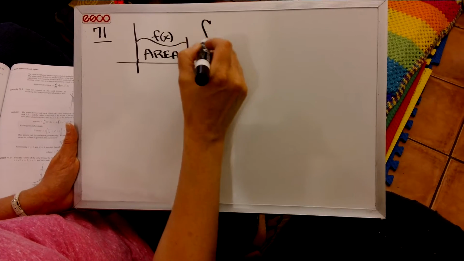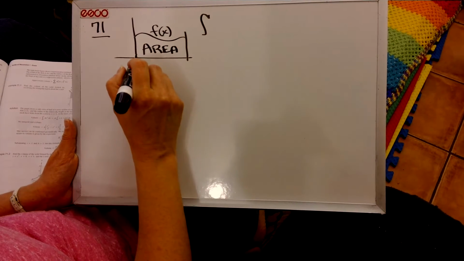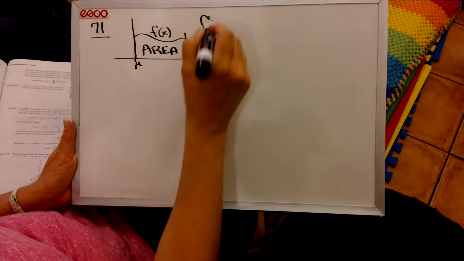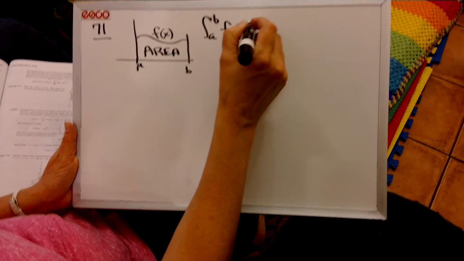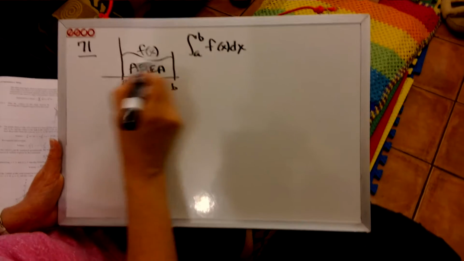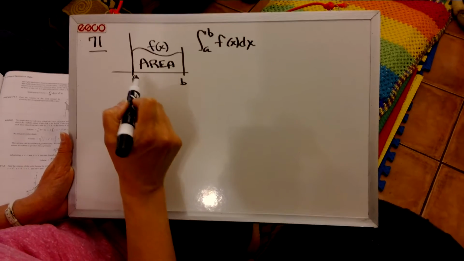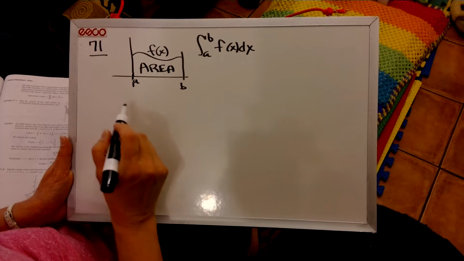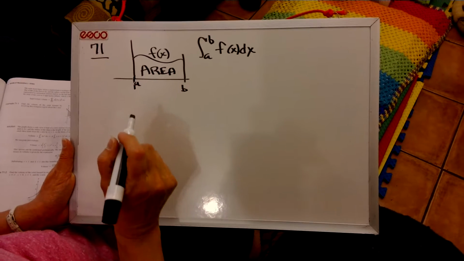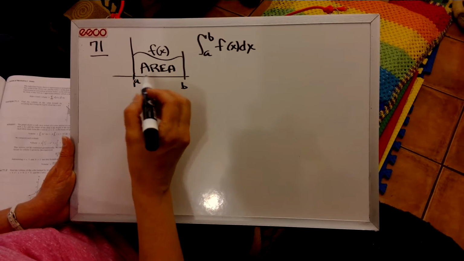We know that's the integral from a to b, f of x dx. So that's just the area, 2D, or two-dimensional. But lesson 71 is going to talk about three-dimensional volumes.